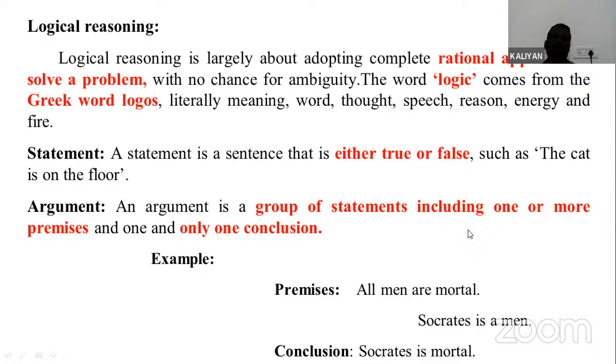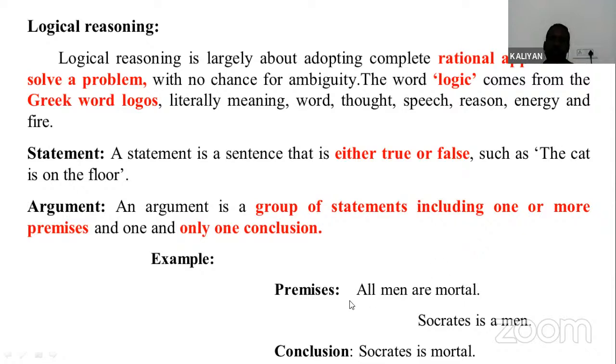Statement and argument. A statement is a sentence that is either true or false. For example, the cat is on the floor. It is a statement. We don't know whether it is true or false, but it is a statement. An argument is a group of statements including one or more premises and only one conclusion. The premises prove the conclusion.